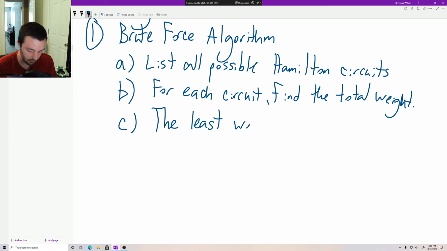Then the one with the least weight is the winner.